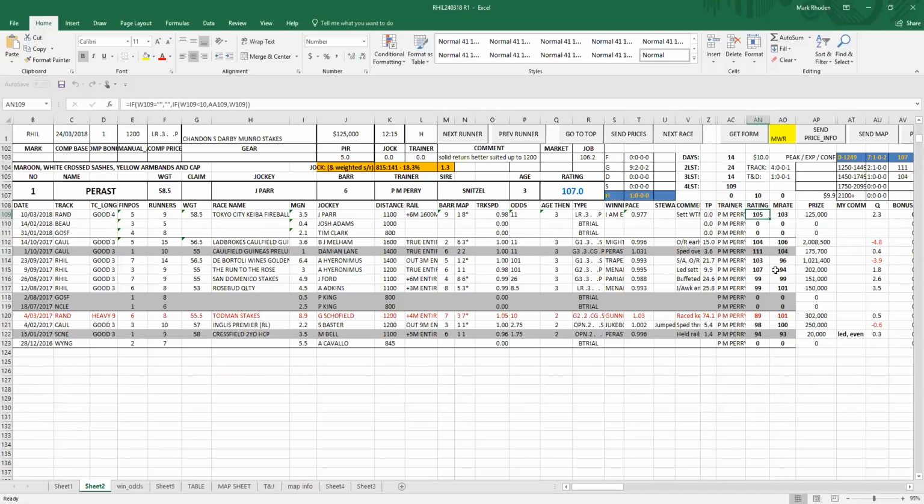As you can see here, Perast, as we mentioned before, won the Caulfield Guineas Prelude back last October, and he actually rated 111. I should touch on first, because of the different weights they're going to carry today in the future race, we have to allow for that to some degree when pricing.